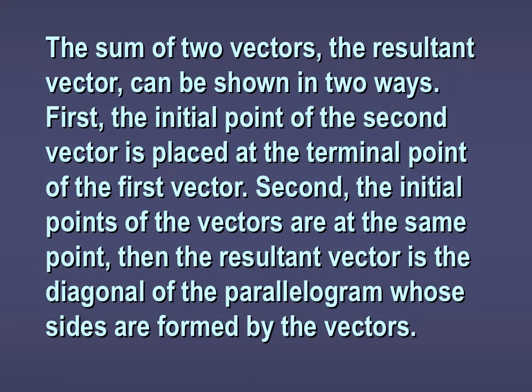So the sum of 2 vectors, which is the resultant vector, can be shown in 2 ways. First, we do what we did before. The initial point of the second vector is placed at the terminal point of the first vector. The other way to show the resultant vector is we put both initial points at the same point, at the origin. And the resultant vector is the diagonal of the parallelogram that it creates.